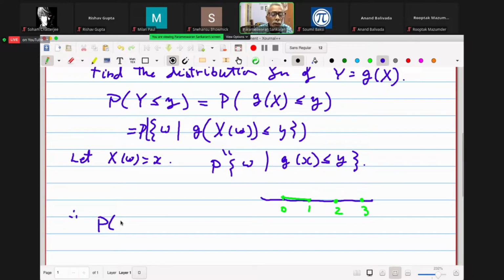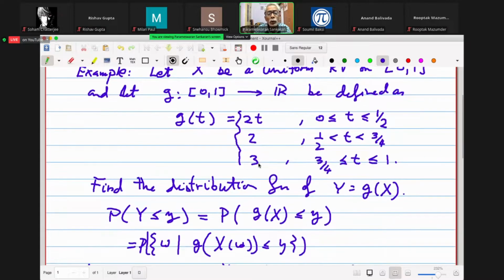So we can now write, therefore, P of Y less than or equal to y, having written up till here, now it's a very simple matter. This is equal to 0 if y is less than 0, let us say. And then if it is somewhere in this interval, I must look at all those values of x which get mapped onto this.